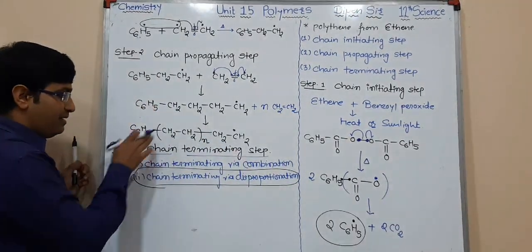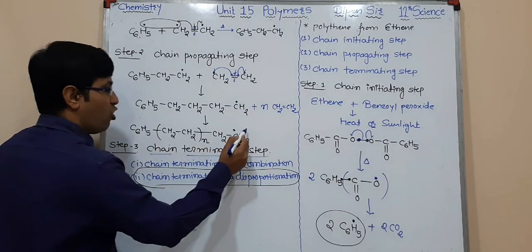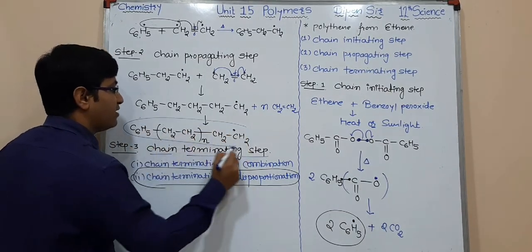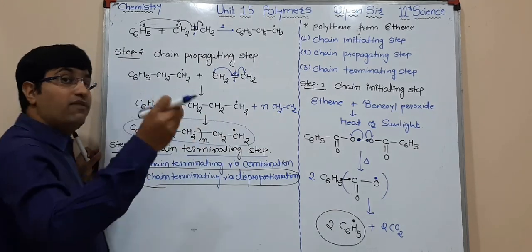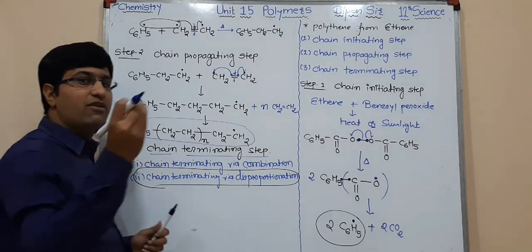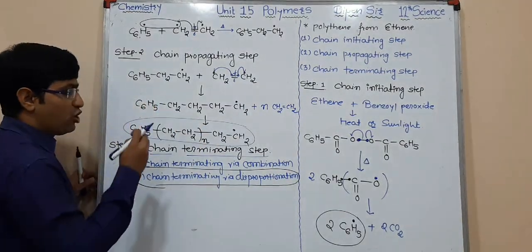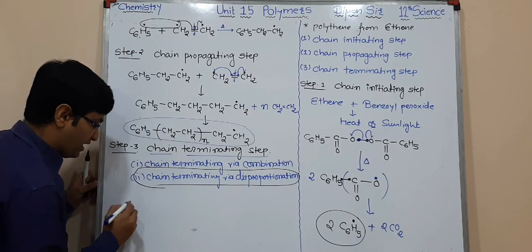As we said that in the second step we obtain a long chain of free radical. Suppose we have two molecules of long chain of free radical.